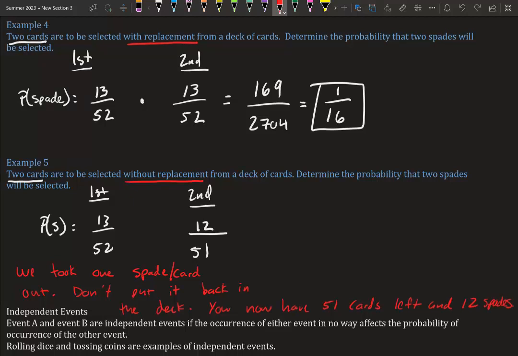So because it says without replacement, what we did is we took one spade card out. We don't put it back in the deck. Since you don't put it back in the deck, you have 51 cards left and 12 of them are spades.